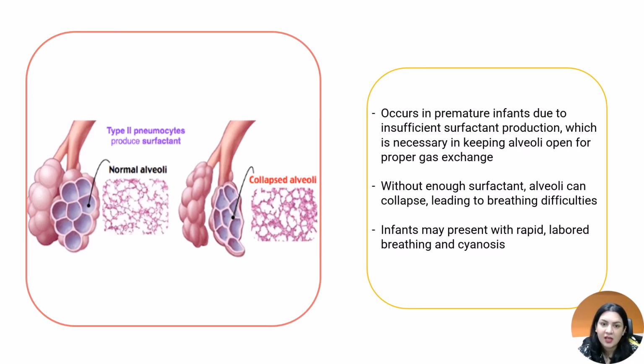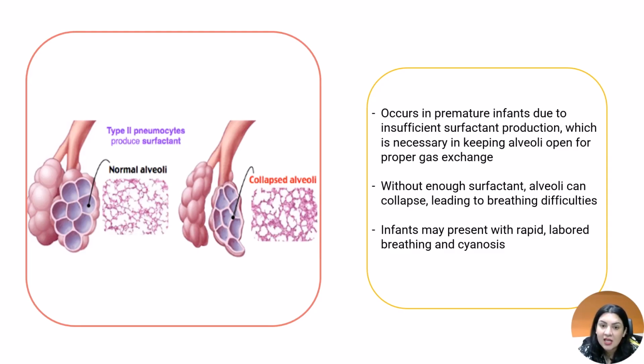Now, one way this can be managed is, first off, in a mother who's in premature labor, they can be given steroid injections, which could possibly help to speed up the production of surfactant, which will in turn help to improve the baby's chances of not going into respiratory distress.